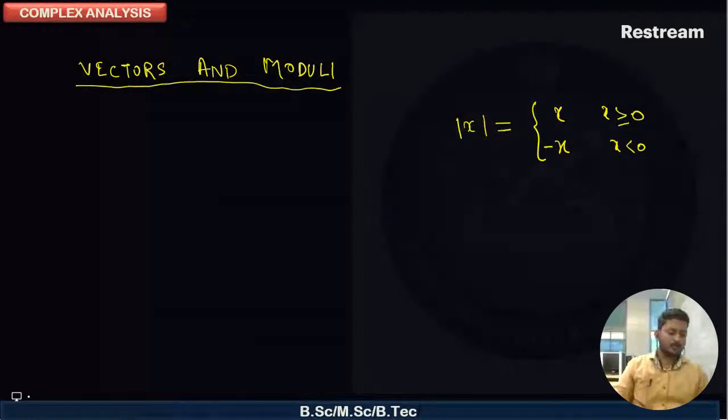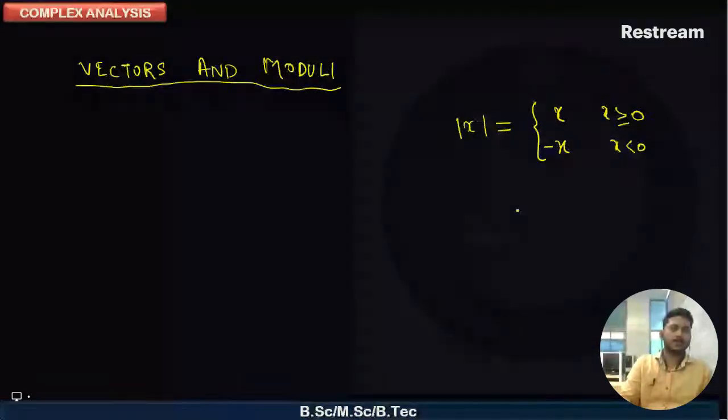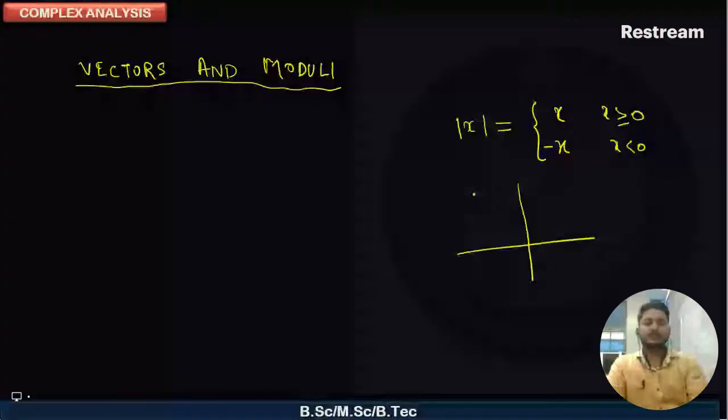So how do you draw a graph for this? You draw a graph like this. Now in modulus, you must convert a number into a complex number with only a real part.